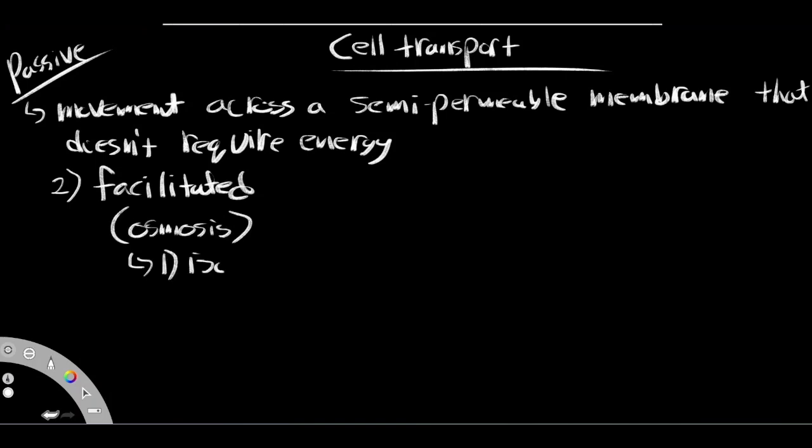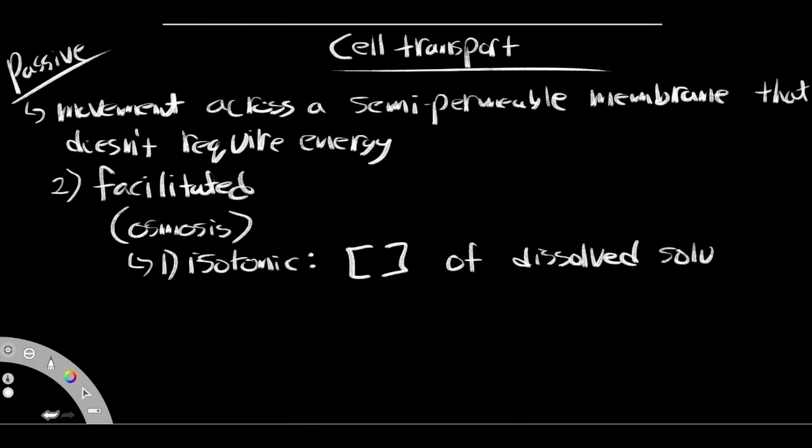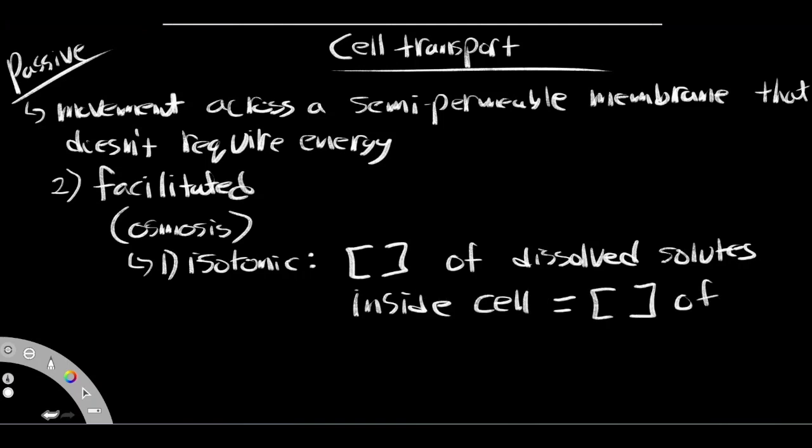The first type, isotonic, just means that the concentration, and this means concentration in chemistry, by the way, the concentration of dissolved solutes inside the cell is equal to the concentration of dissolved solutes outside the cell.